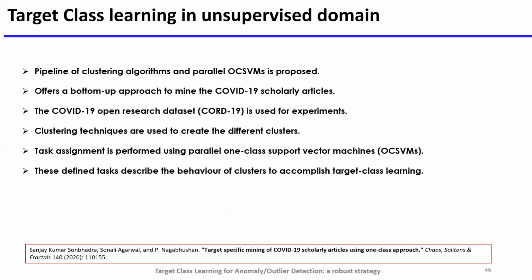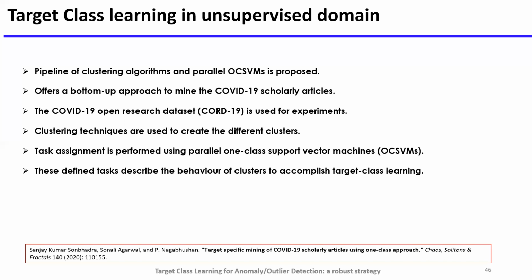There is one work that has been done based on the CORD-19 dataset. It was a scholarly dataset, and after pre-processing, a pipeline of clustering algorithms and parallel one-class automation was proposed in this work. It basically offers a bottom-up approach to mine COVID-19 scholarly articles.